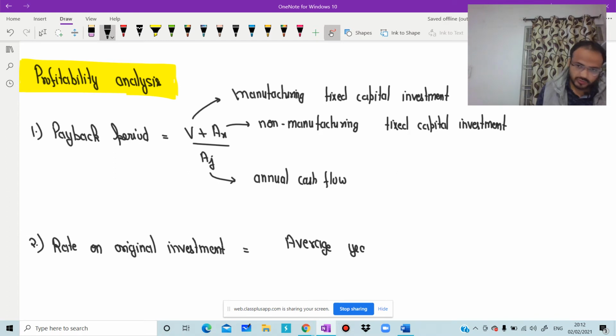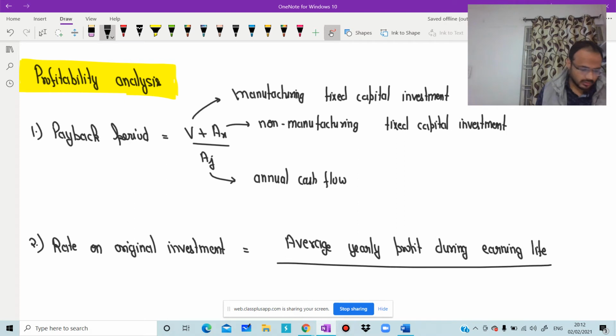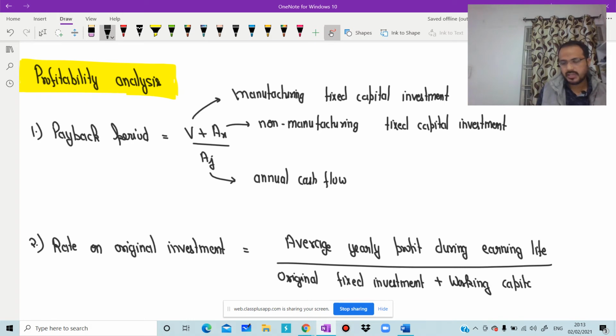So average yearly profit during earning life divided by original fixed investment plus working capital.